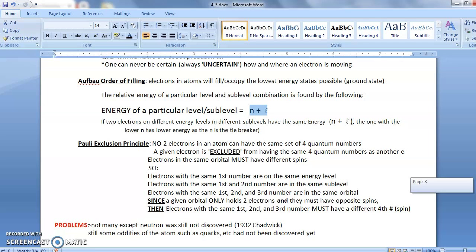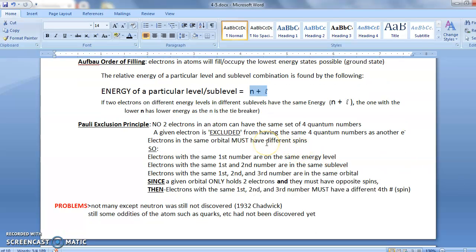Once again, electrons in the same orbital, electrons on the same level, in the same sublevel, in the same orbital must have different spins. That's called the Pauli exclusion principle. Basically what that's saying is no two electrons can have the same set of quantum numbers. If two electrons have the same first number, they're on the same level.